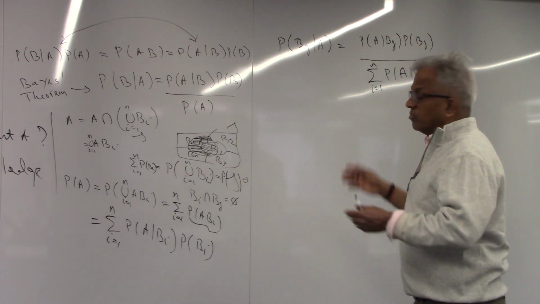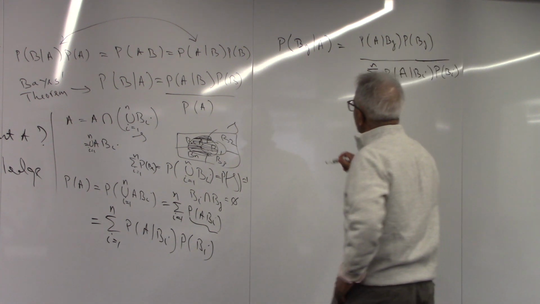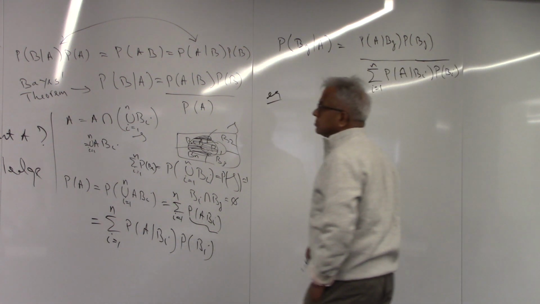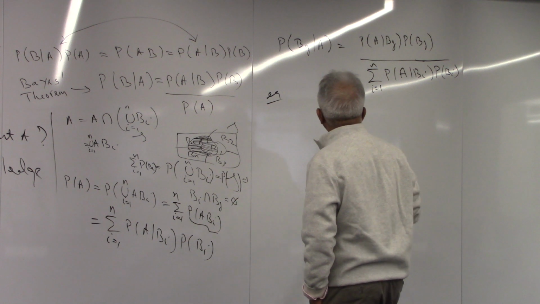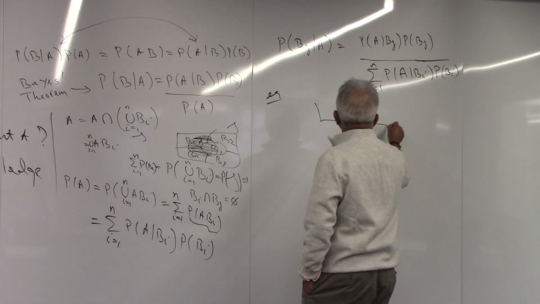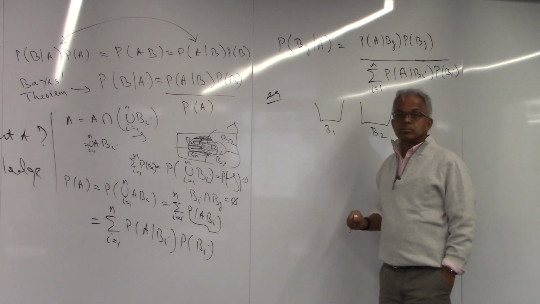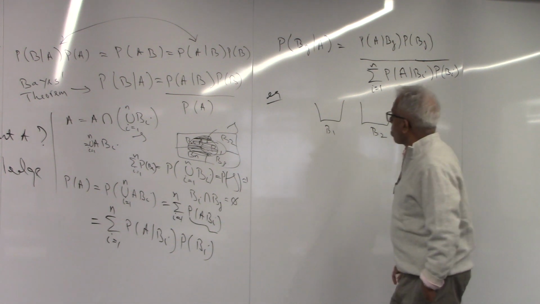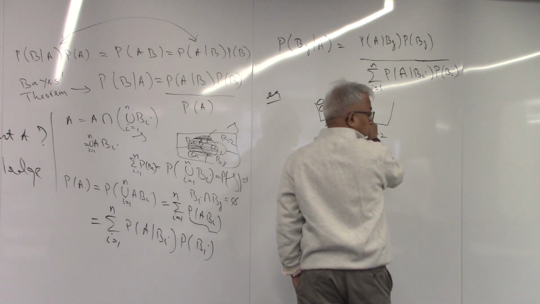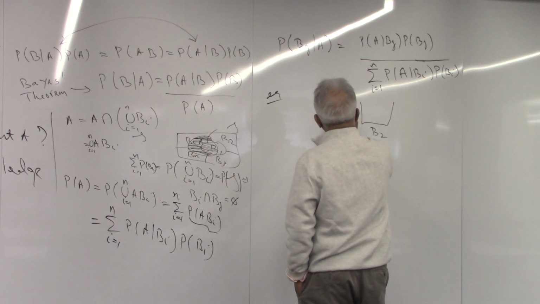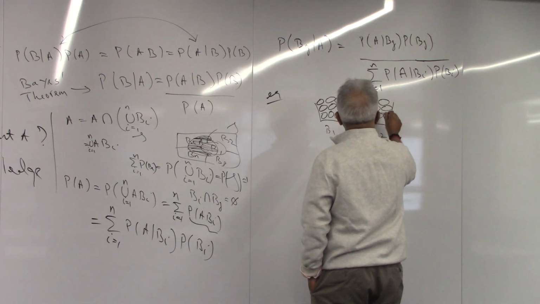All right, so far it has been just juggling simple equations. So let me do a problem to illustrate its power, especially about inference. Let's say we have two boxes. I'm going to call them B1 and B2. Let's say this has got two types of items.